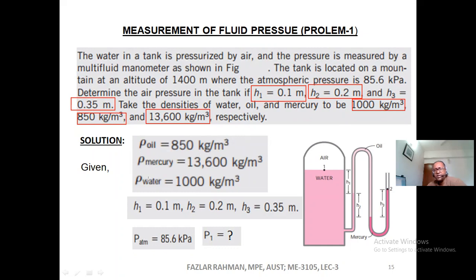Then you say density of water, rho w, equal to this much. Then you say manometric heights, H1 equal to this much, H2 this much, H3 this much. Atmospheric pressure is already given over here, 85.6 kilopascal. Then you say P1 equal to what? That means the value of P1 you need to figure out.